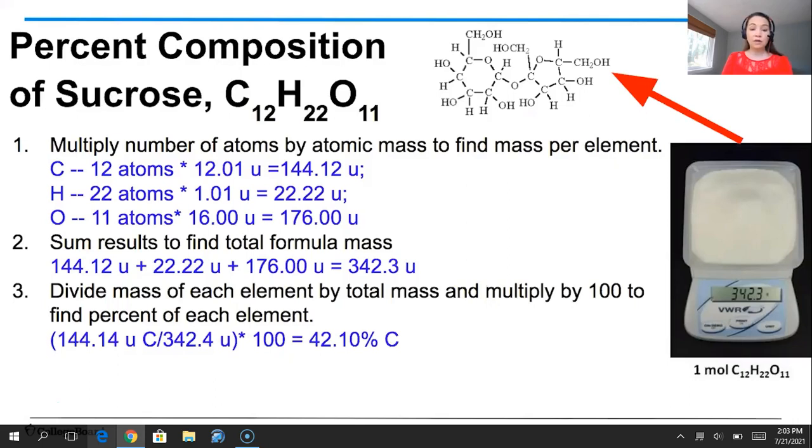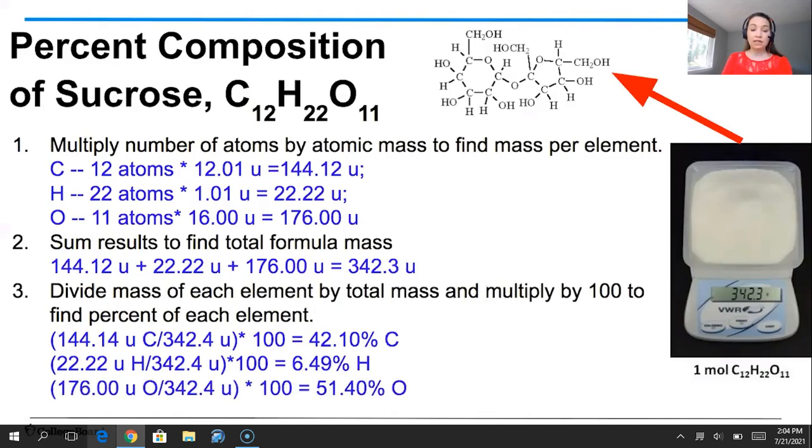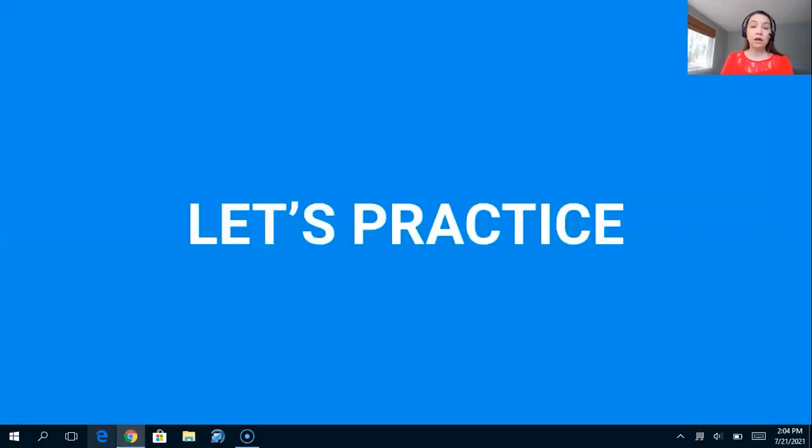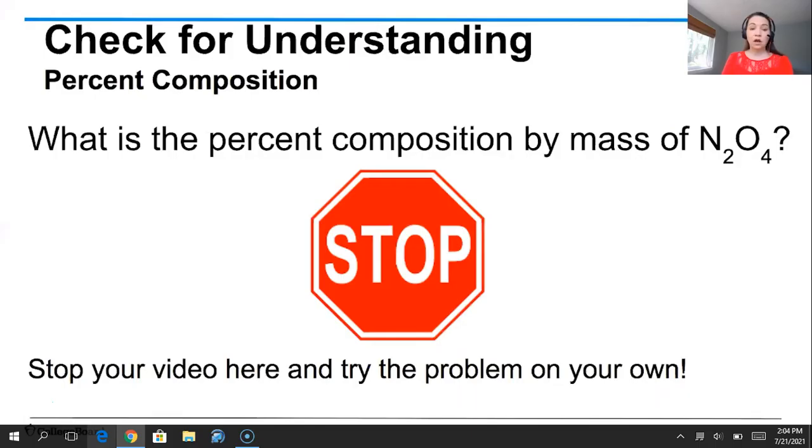This math gives me 42.1% carbon, 6.49% hydrogen, and lastly 51.4% oxygen. So let's practice with this. I'd like you to stop your video here and try to find the percent composition by mass of N2O4, dinitrogen tetroxide, and I'll be back to go through the answer with you.